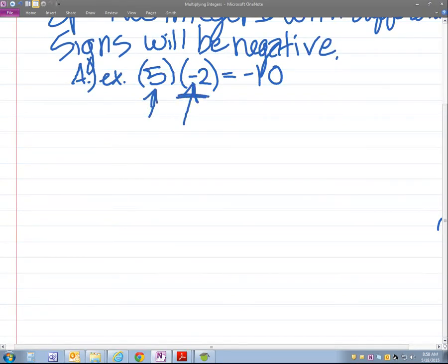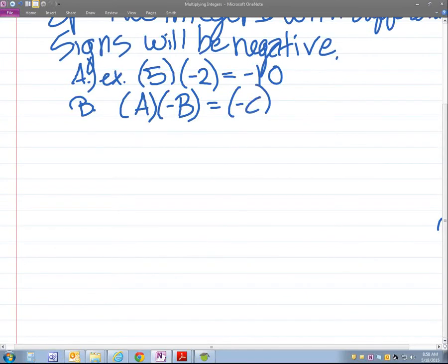So it's two different signs. I could also do it algebraically. I'll go with capitals. A multiplied by -B is equal to -C.